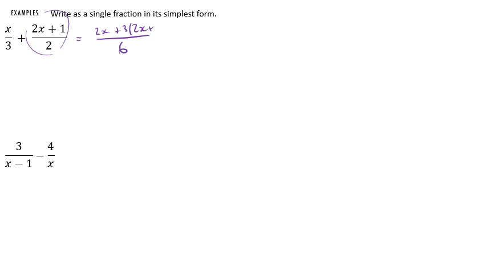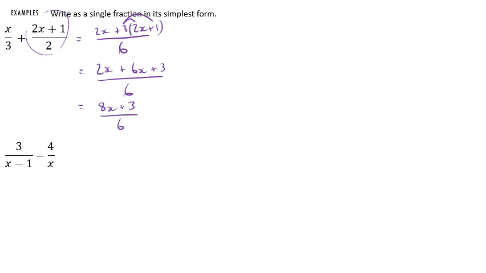And I'll start by setting it out like this. We then need to tidy this up. So we've got 3 times 2x, 3 times 1. And that's the simplest form we can write this in.